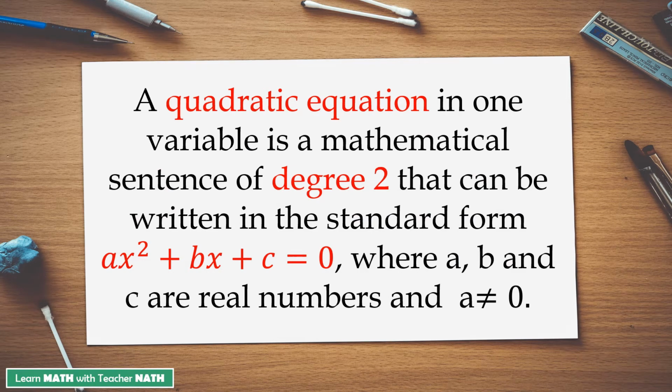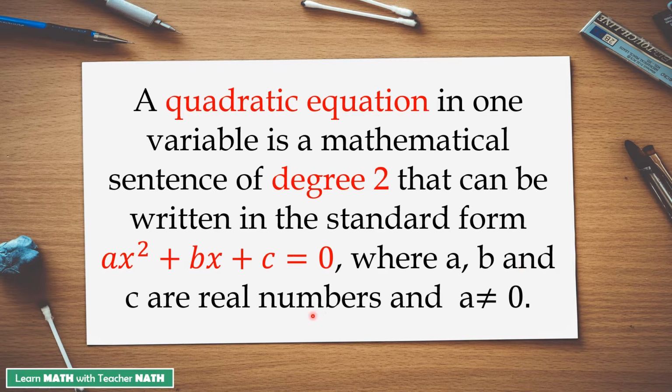According to the definition, a quadratic equation in one variable is a mathematical sentence of degree 2 that can be written in the standard form ax squared plus bx plus c is equal to 0, where a, b, and c are real numbers.